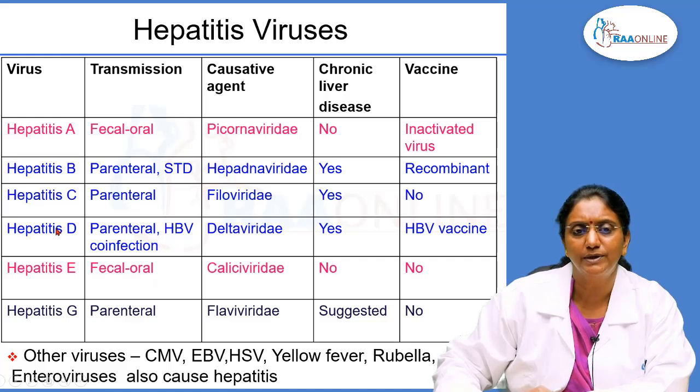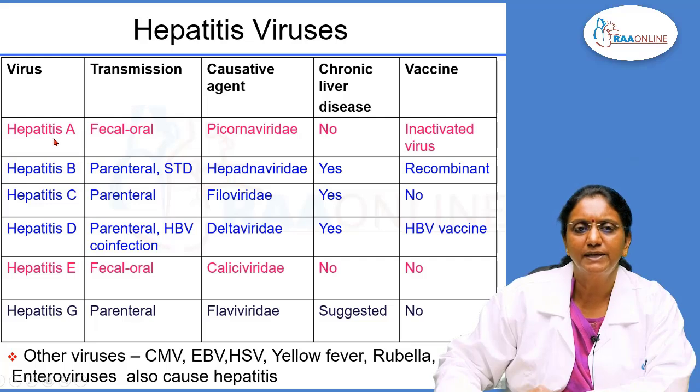It will be nice to know that hepatitis D is also known as delta virus or defective virus, or a dependent virus, and it always co-infects a person with hepatitis B. It is not capable of causing an infection on its own.